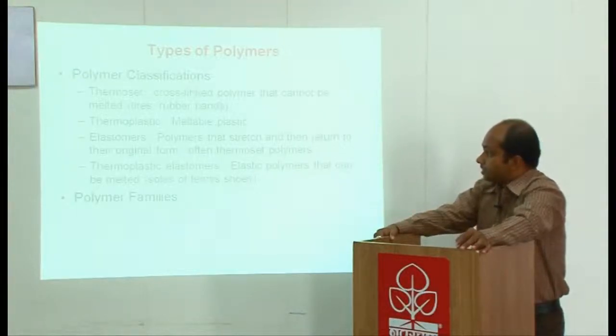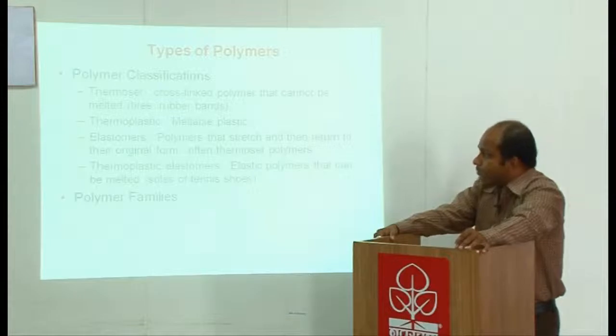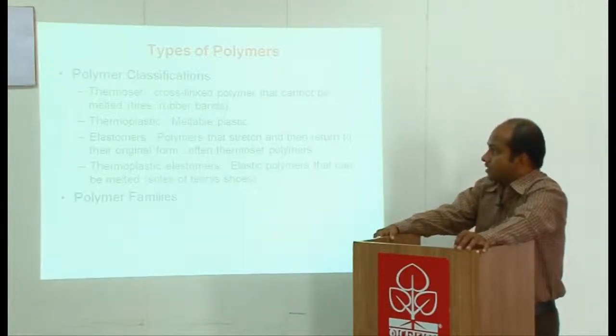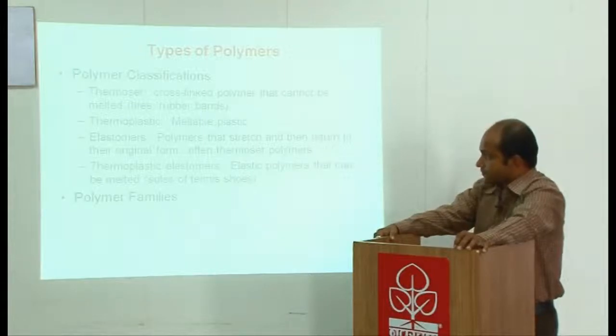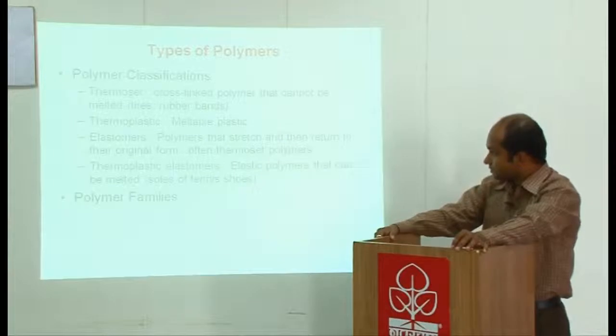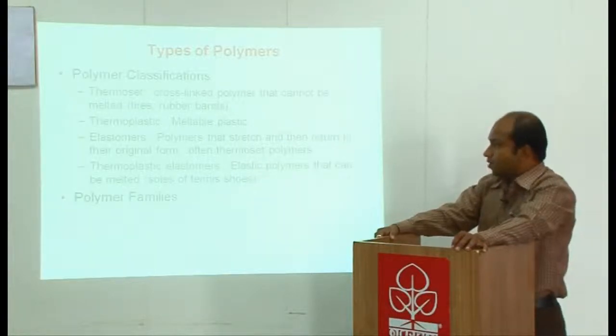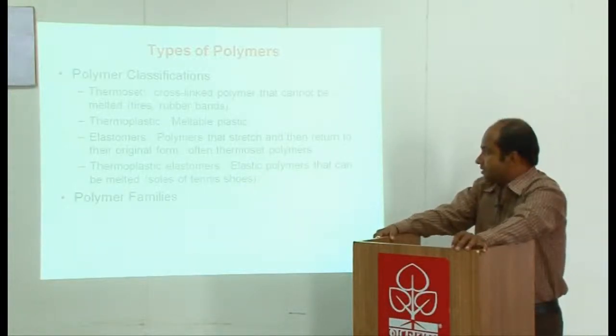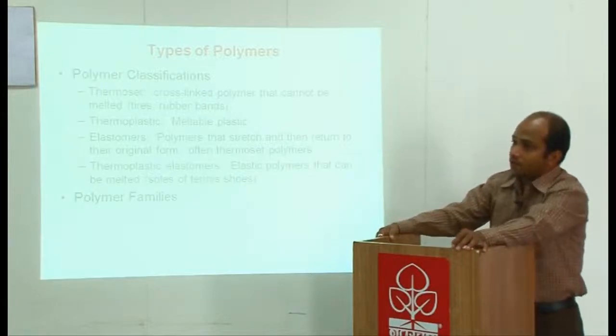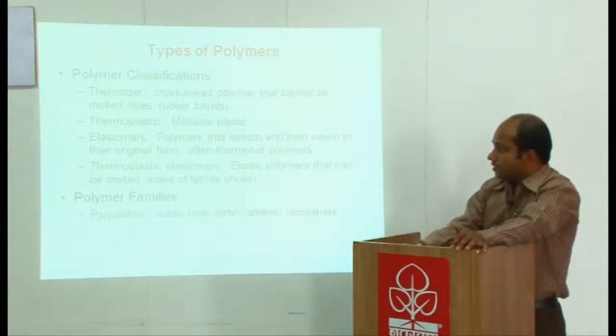This type of polymer is known as an elastomer. Most often thermoset polymers show this elastomer property. There is another terminology, thermoplastic elastomers. These are elastic polymers that can be melted, for example, the sole of a tennis shoe.